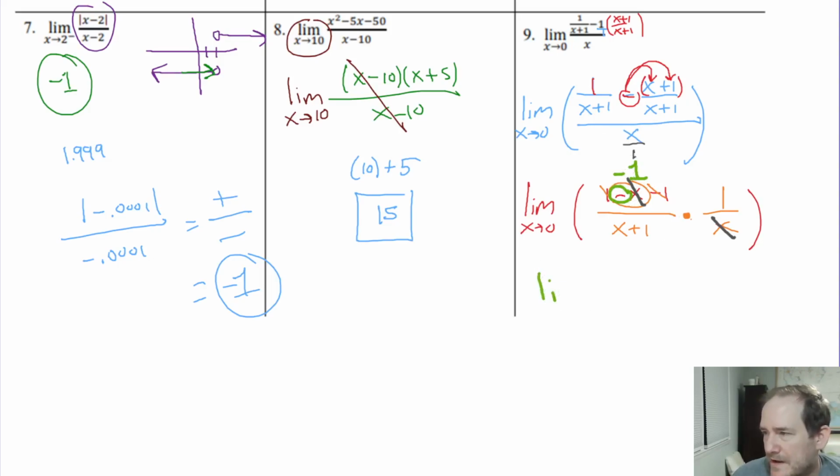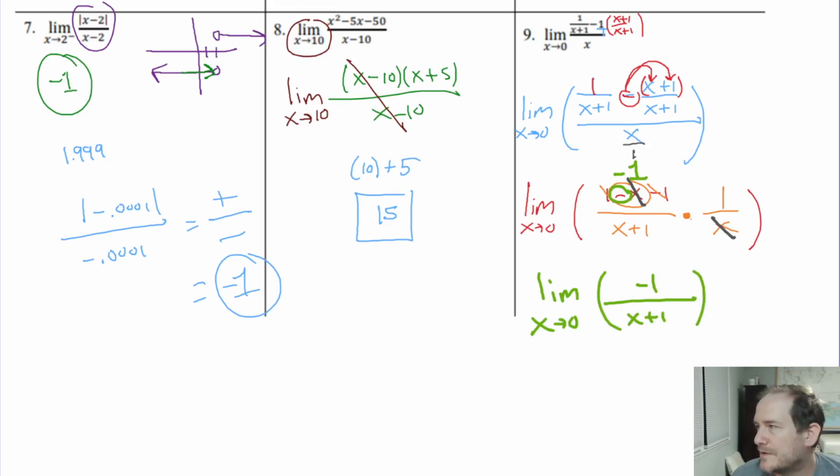That means we are now calculating the limit as x approaches 0 of -1 over x plus 1. Which means when you go to plug in 0, you're getting -1 over 0 plus 1, which is -1 over 1, which is -1. And that's that limit.